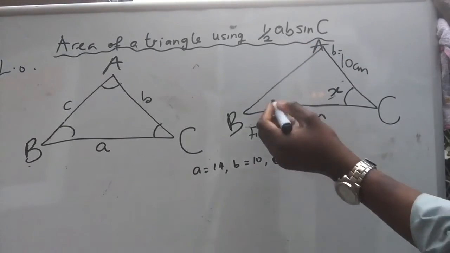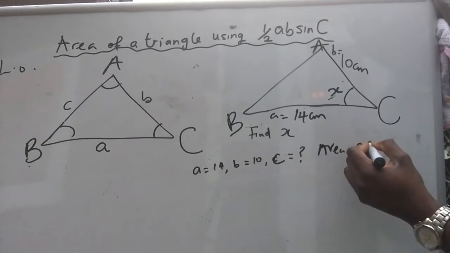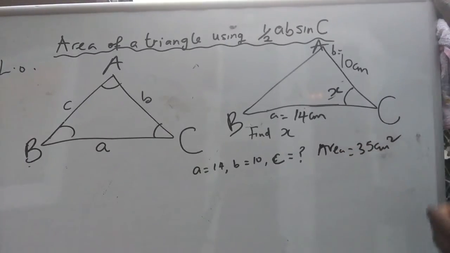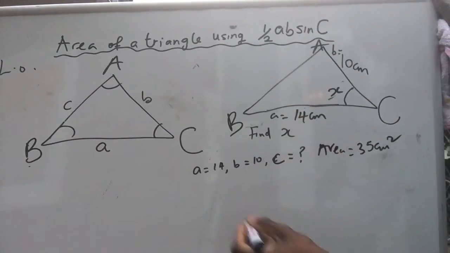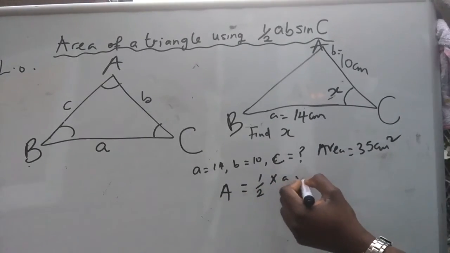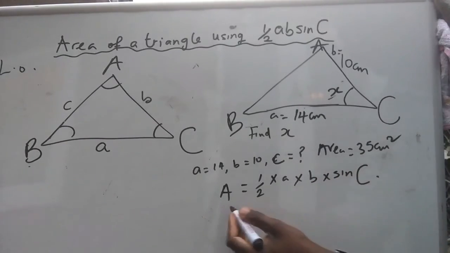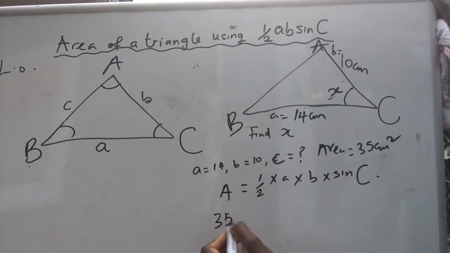Let's substitute back. Well, you will be given area is 35 centimeters squared. So substitute all of that back into the formula. Area equals half times A times B times sine big C. Area is 35.